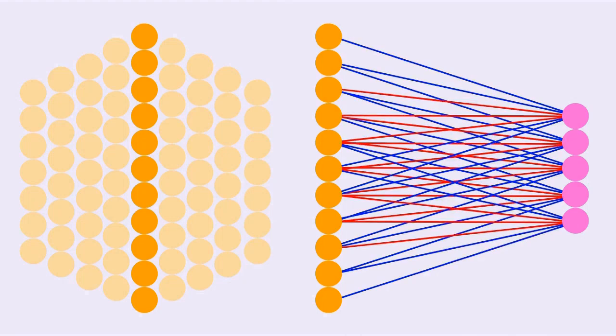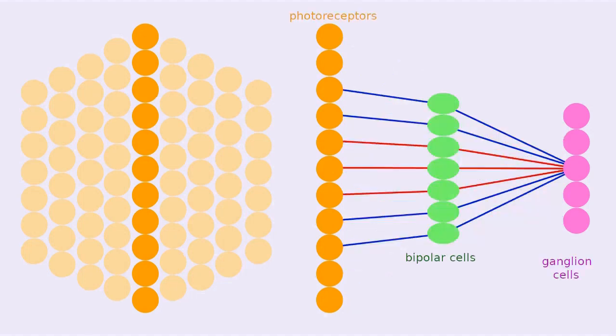In contrast to traditional neural networks, there is only partial connectivity between sensory cells and ganglion cells. Please note that this diagram is highly simplified. Current understanding suggests that mammalian photoreceptors connect to ganglion cells through retinal bipolar cells.